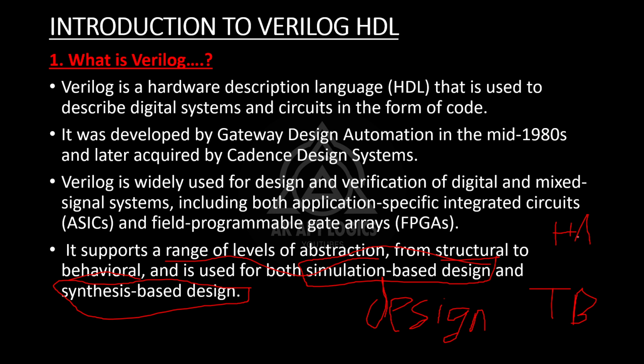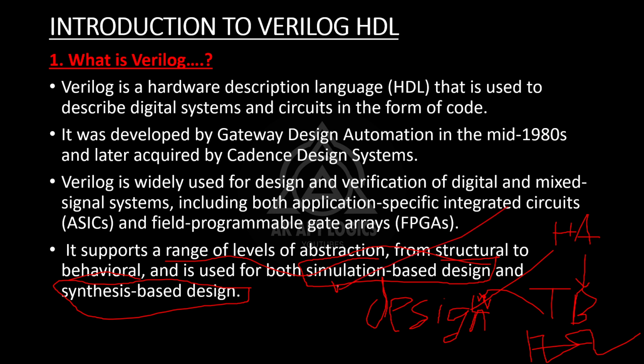The design code includes the functionality of the half adder, whereas the TB includes the different combinations of inputs that are going to drive this design, to check whether the design is correct or not. We will verify that using the truth table, and also using the waveforms like 0 1, 1 0. That is called simulation based design.